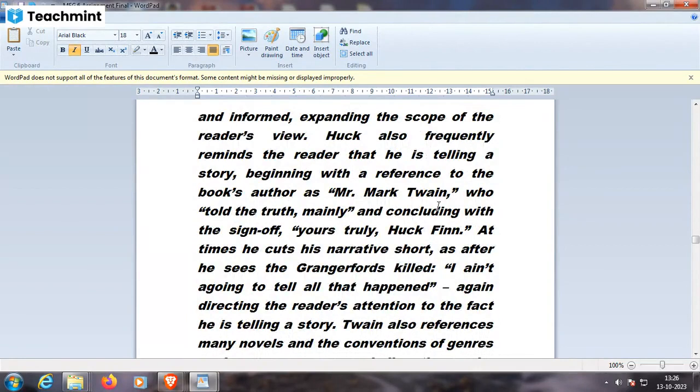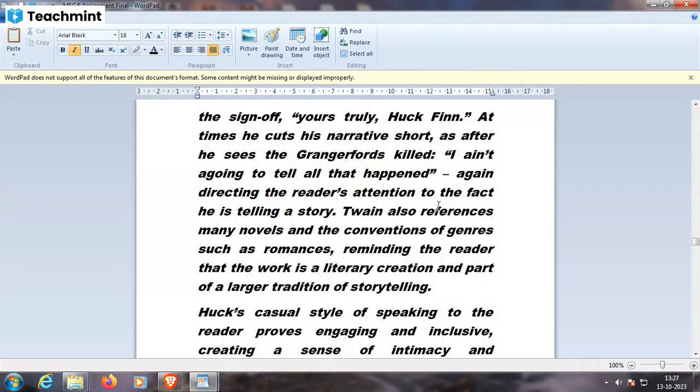At times he cuts his narrative short, as after he sees the Grangerford-Shepherdson feud killings: "I ain't agoing to tell all that happened," again directing the reader's attention to the fact he's telling a story. Twain also references many novels and the conventions of genres, such as romances, reminding the reader that the work is a literary creation and part of a larger tradition of storytelling.